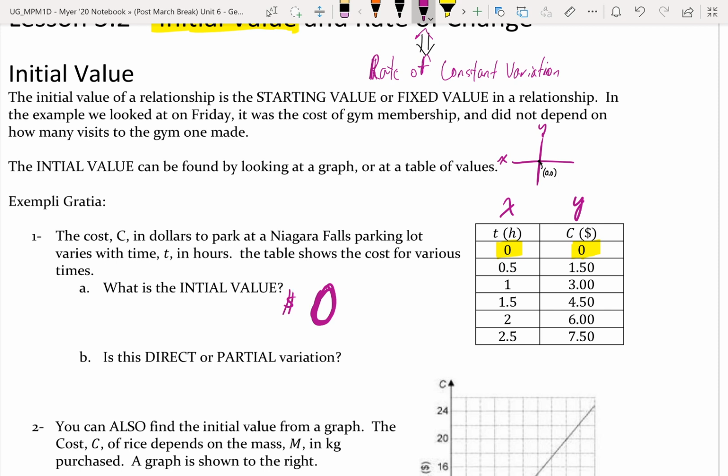Essentially, we're looking for what y is equal to when x equals 0. That is what we're trying to find. That's how we find the initial value. So is it direct or partial variation? It is direct because it goes through 0, 0.